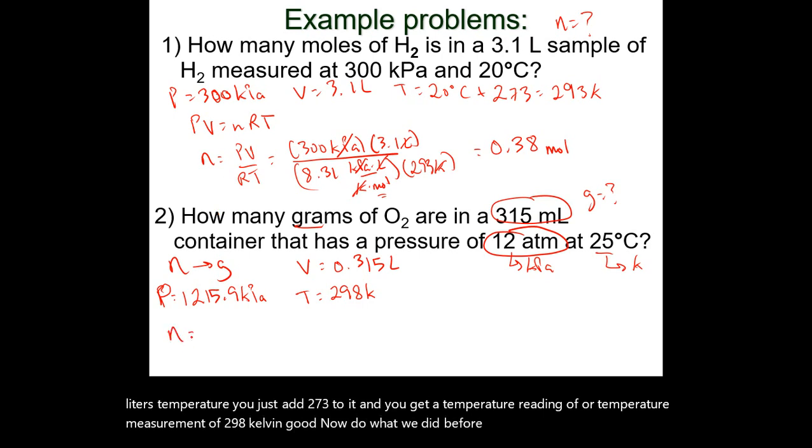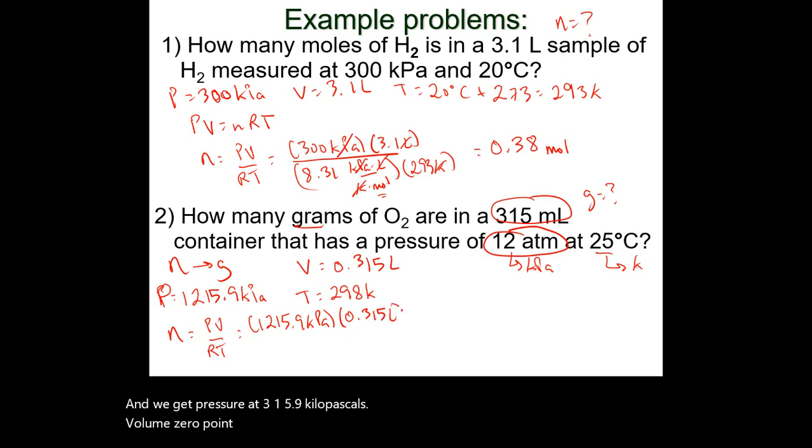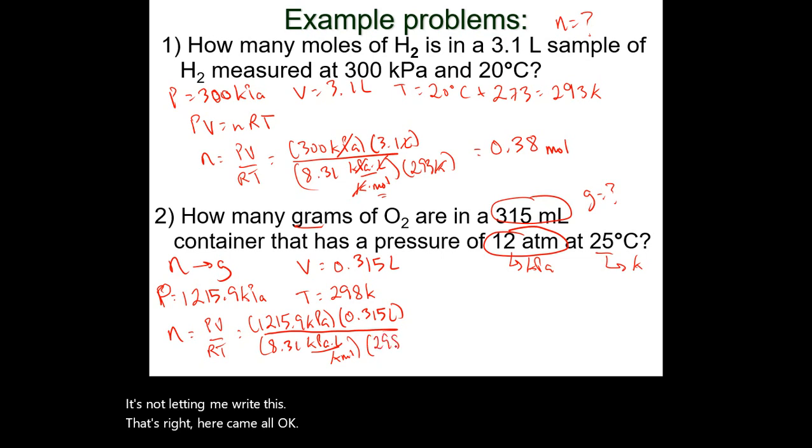Solve for n as PV over RT, and we get pressure at 1,215.9 kilopascals, volume 0.315 liters, and then your gas constant, 8.31 kilopascal liters over Kelvin mole, and 298 Kelvin.